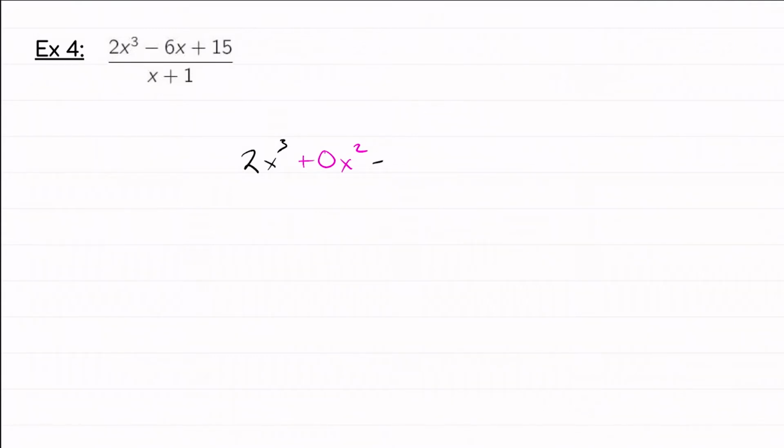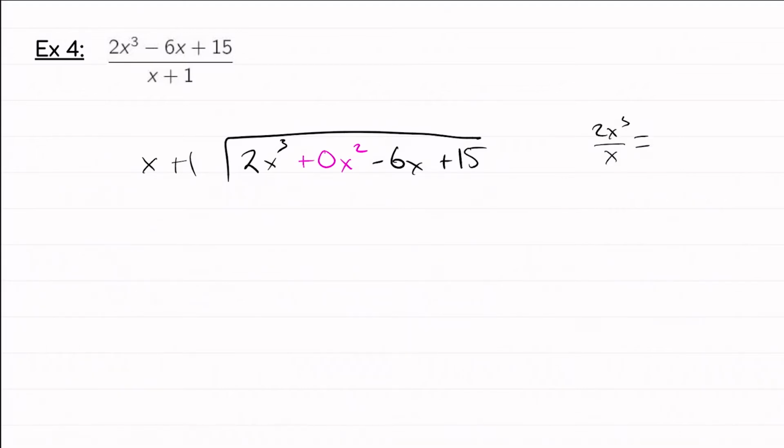Then you can write the rest of the problem. Excuse me. So negative 6x and 15, and then I want to divide that. Now I have this set up, and including the placeholder, you notice it's 3, 2, 1, so we're okay. We don't have any missing terms, and then start the process over. All right, so look at the first two parts. I'm looking at just the 2x cubed and the x. I'm going to divide those, and you notice that 2x cubed divided by x gives us 2x squared.